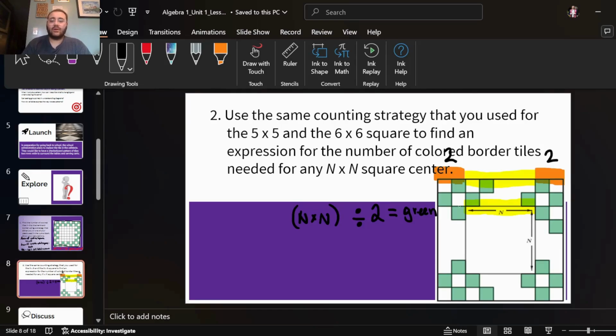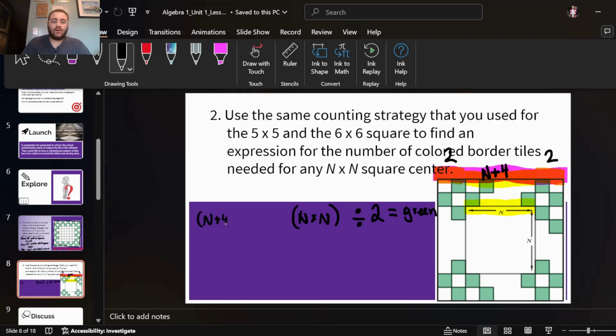So this entire length that I'm going to put in pink now has to be called, if we add everything up, n plus 4. It's length n plus 4. And similarly, this edge would also be n plus 4 because it's a square.